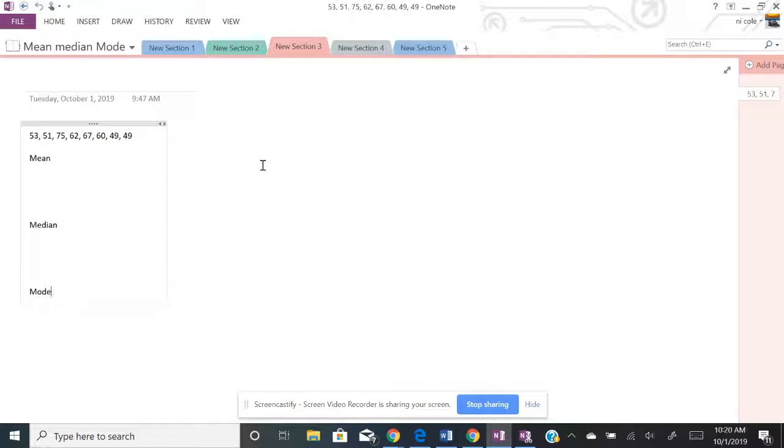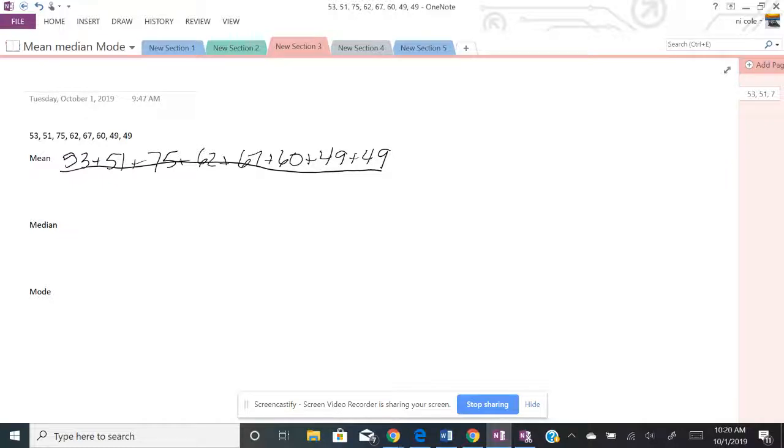All right, so here again, let's try another one. So let's do 53 plus 51 plus 75 plus 62 plus 67 plus 60 plus 49 plus 49, all divided by 2, 4, 6, 8. There's 8 values.